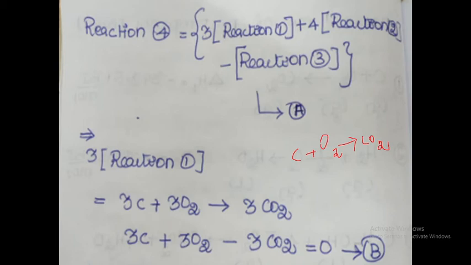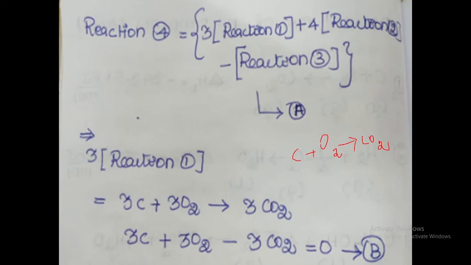How will you develop the standard heat of formation reaction of N-propanol liquid? As per the procedure, based on the number of moles of combustion product formed in the combustion reaction, we should multiply reaction 1 by 3, 3 into reaction number 1, and multiply reaction 2 by 4, 4 into reaction number 2.